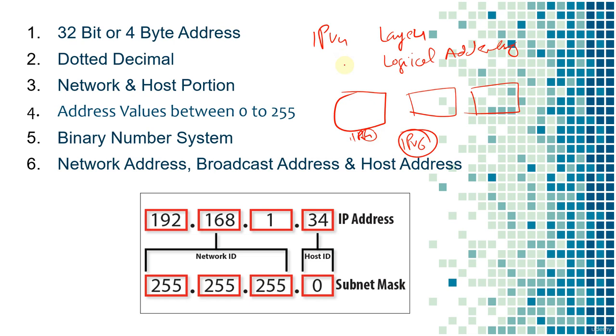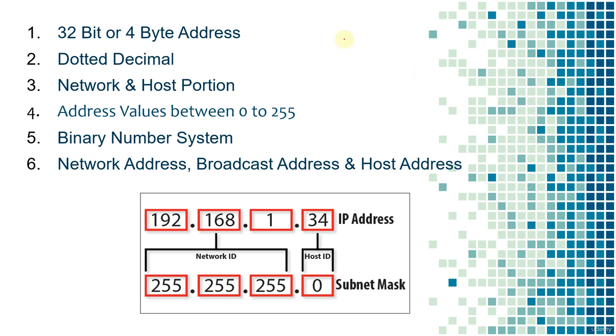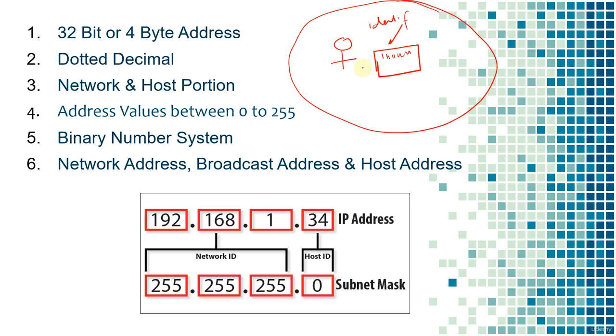So just like every human being, every person has an ID card with some digits on it. This is used to identify that person uniquely. For example, this is the country, let's say this is USA, and this second person also has an ID number. These two ID numbers must be unique within the same country.